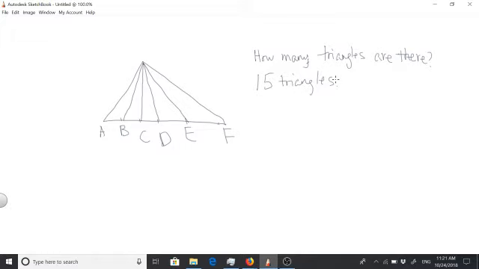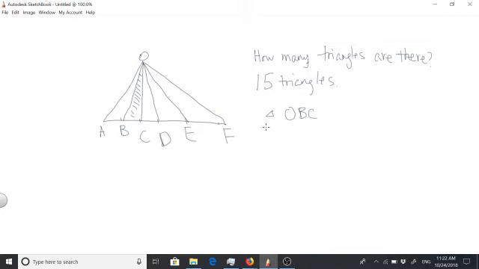But I always do the counting in a slightly different way. Look at the triangles. Each triangle, like this small triangle, you can write it as triangle O, B, C in this case, right?